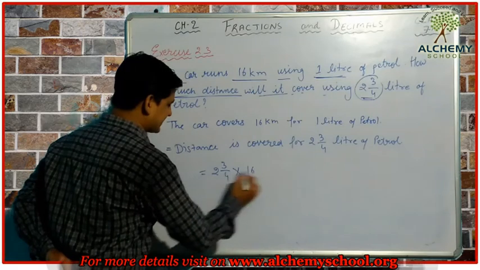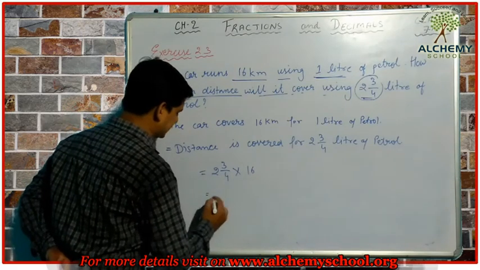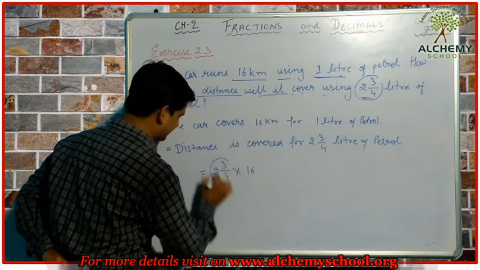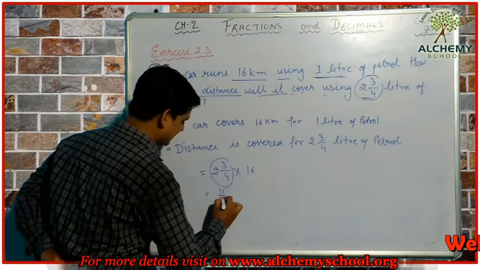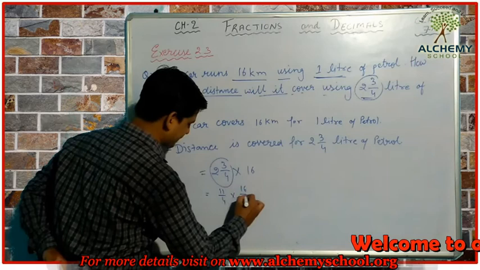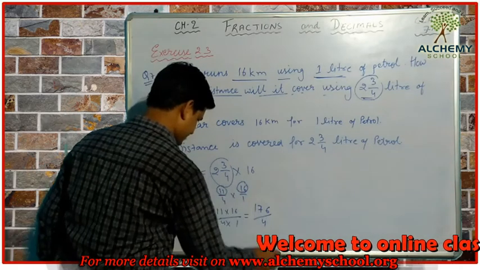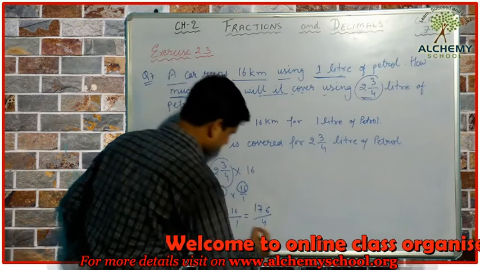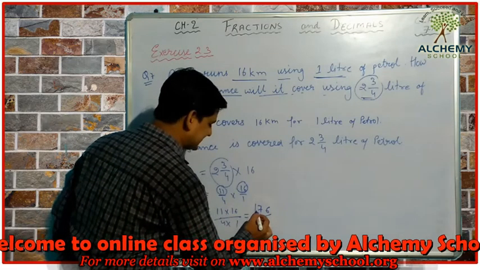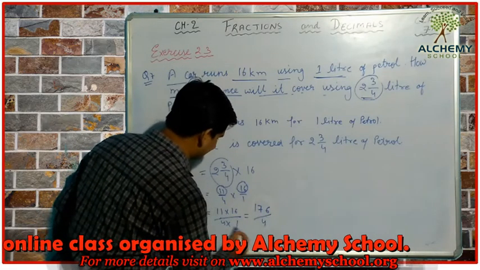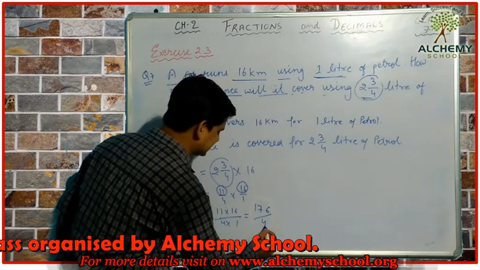So we have to multiply these two values to find the total distance. First of all we have to convert it into improper fraction. 4 2s are 8, 3, 11, 11 upon 4 into 16 upon 1. When we multiply 11 and 16, we get 176, and when we multiply 4 into 1, we get 4.